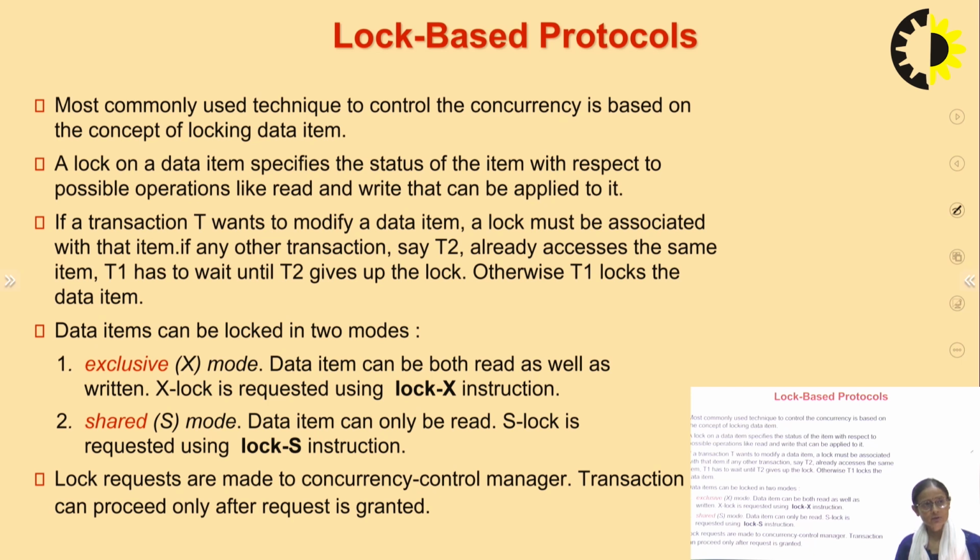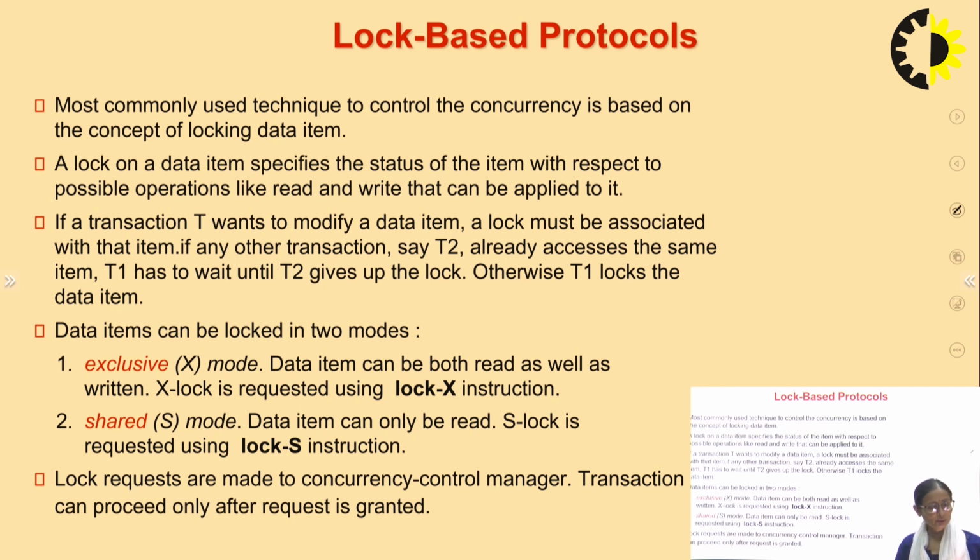Now, what the exclusive mode says is, once you lock the data item, here we have specified it with the help of X. So, if you are working on a data item X and you have locked it with an exclusive lock, then you can perform both operations on it, that is read as well as write. Whereas, if you have put the shared mode lock on your data item X, then you are able to perform only one operation, that is the read operation.